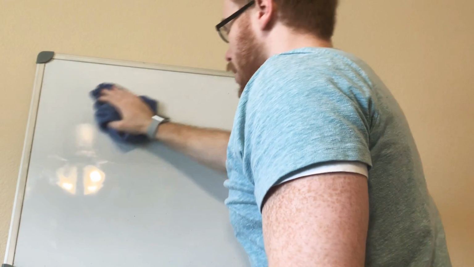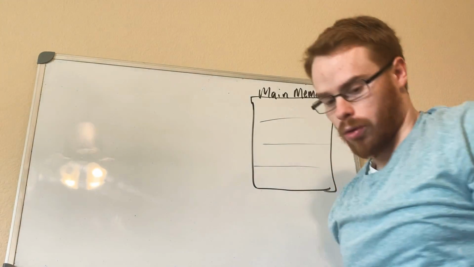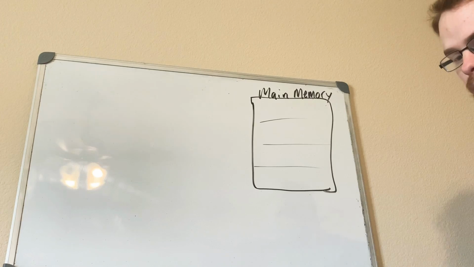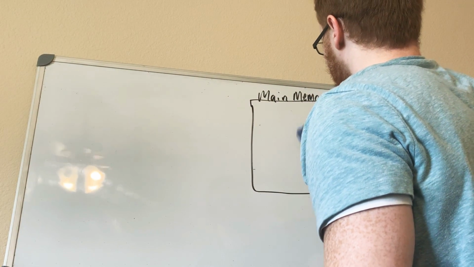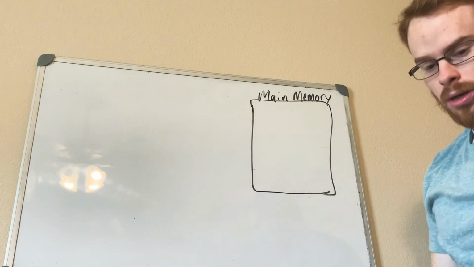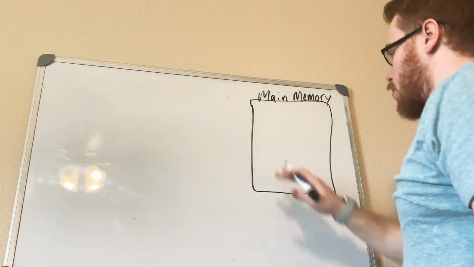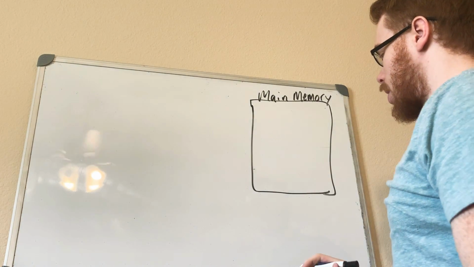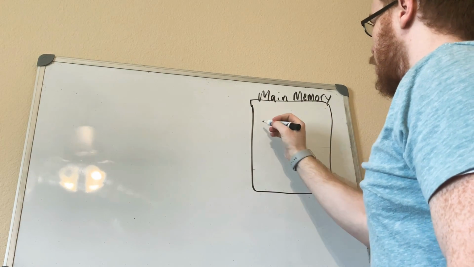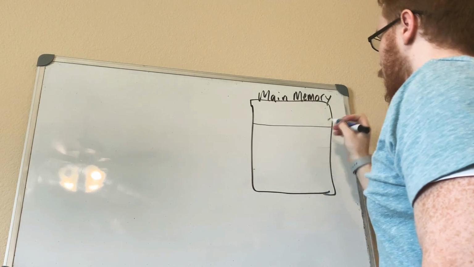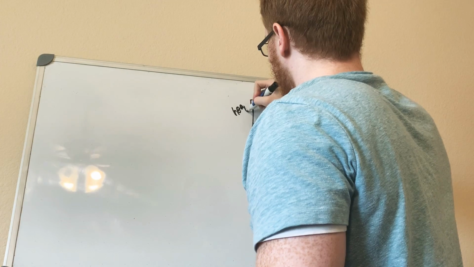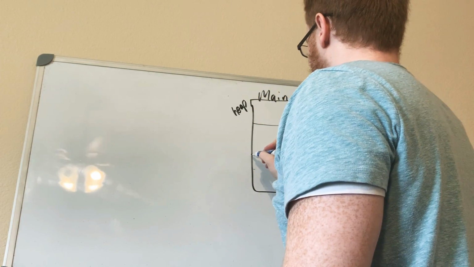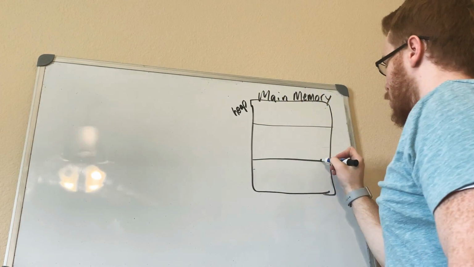But let's zoom in and look at what's going on in a single program that we're coding up. Let's clean this up too. When you're running a program, you're going to have two types of memory. One is called heap, and the other is called stack.